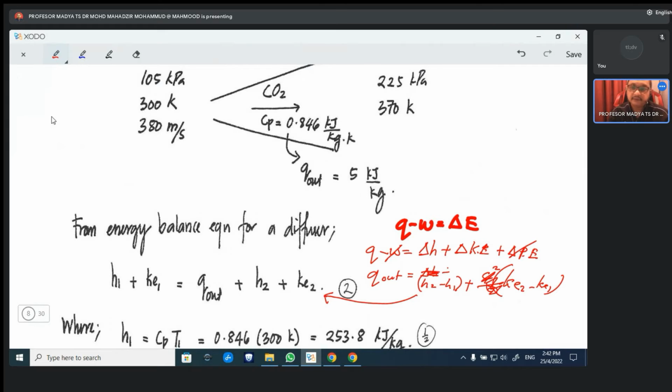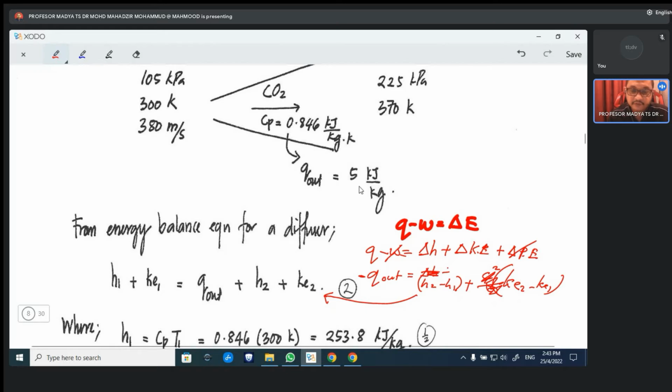Okay, H1... but please remember, you have to put negative as Q out loss, because this calculation I follow from Cengel et al.'s book.